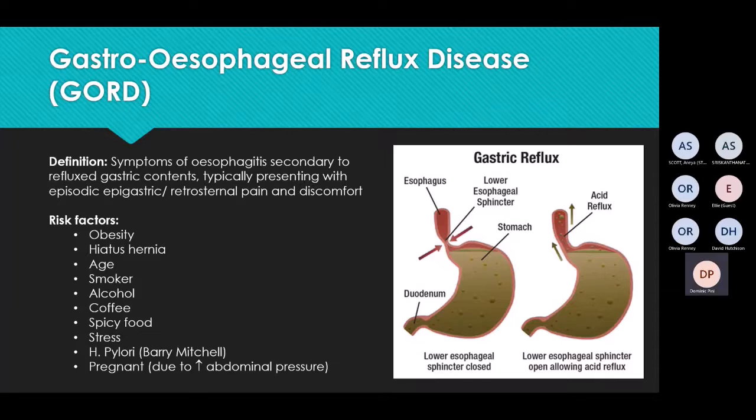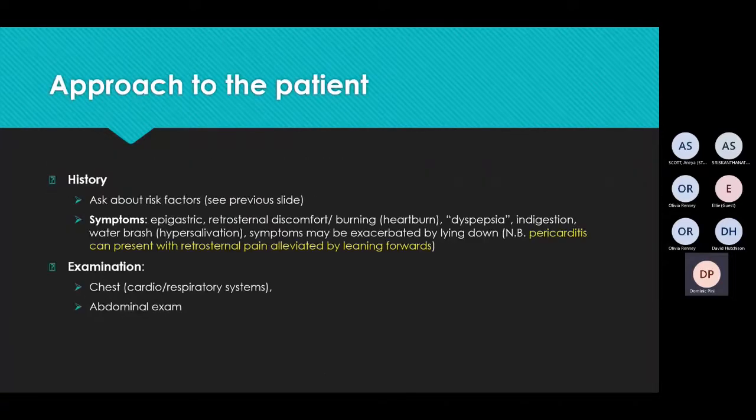We'll come on to him a little more later, but basically he drank a solution containing this bacteria and developed a peptic ulcer to prove a point, and he also got a Nobel Prize. Finally, pregnancy, due to the increased abdominal pressure, also predisposes you to getting GORD.